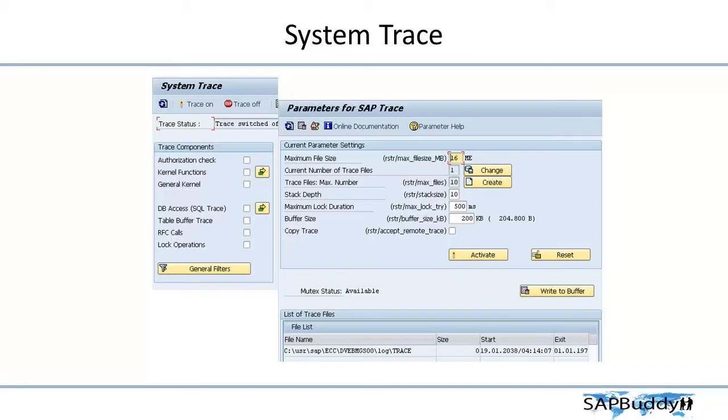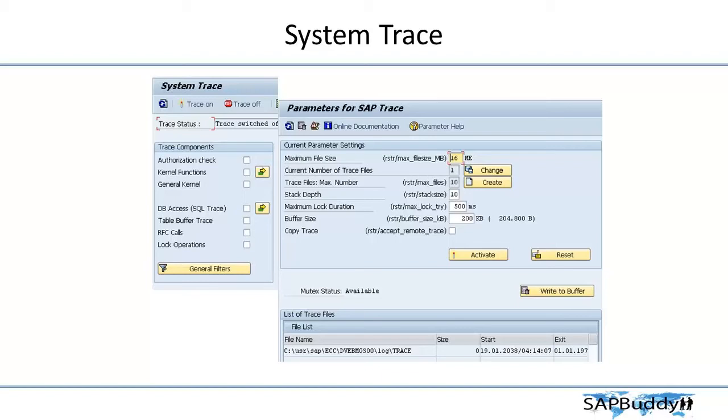The next utility which we are going to see is system trace. It's a very useful tracing mechanism. Using this transaction, you can trace quite a lot of things. You can trace authorization checks, you can trace the kernel functions, the general kernel, and generally we will use authorization check tracing, database tracing, SQL tracing, the database buffer trace, the RFC call trace, and the table buffer trace.